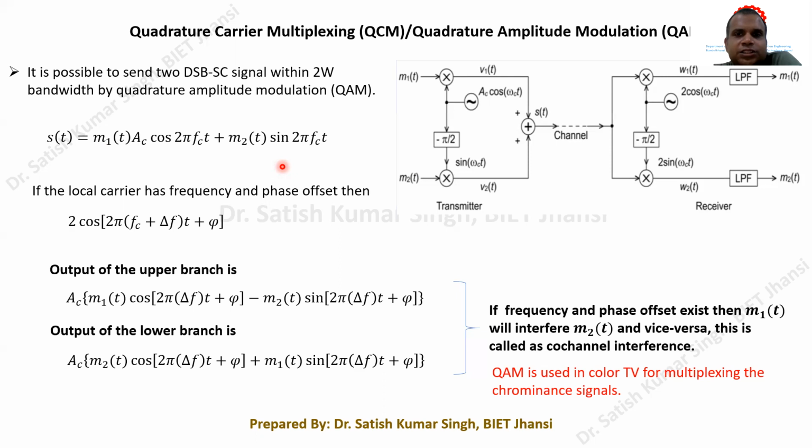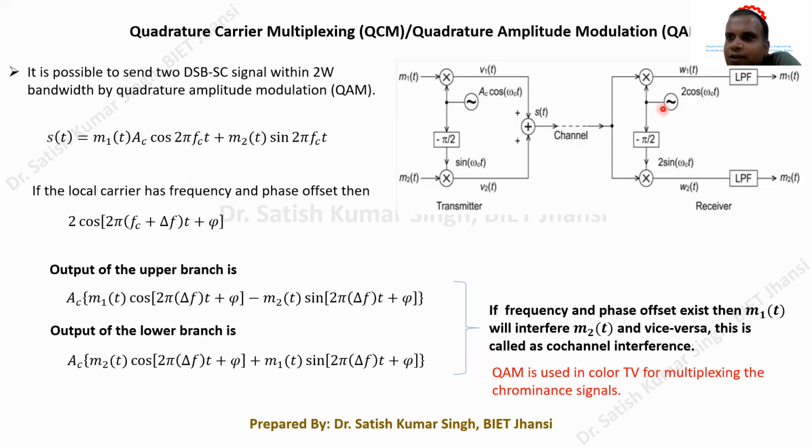Now, one more observation we have to take care of is the carrier that we multiply at the receiver side. In the last case, the carrier was perfectly synchronized with the carrier used at the transmitter side, that is, it had the same frequency and phase.